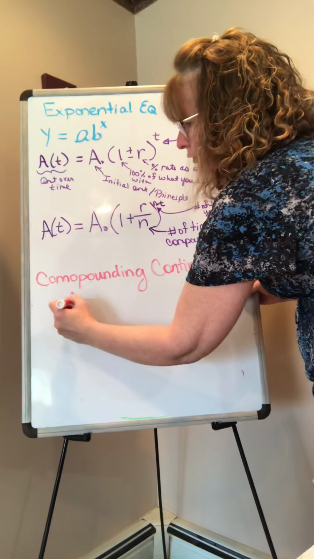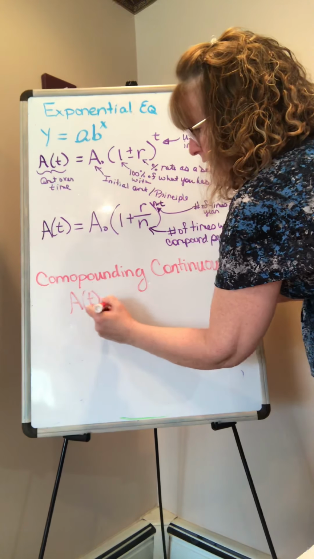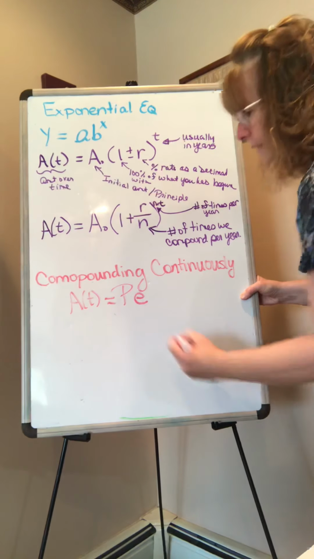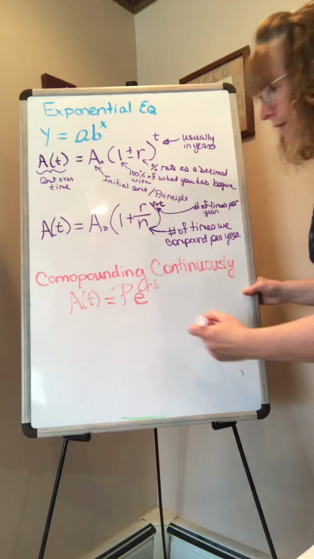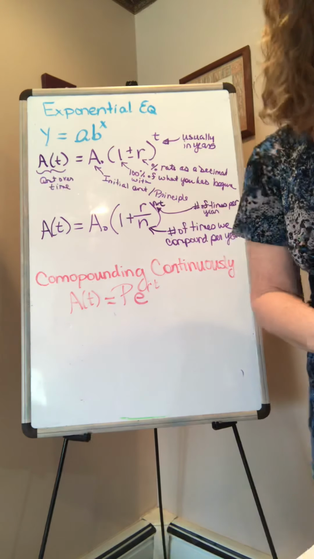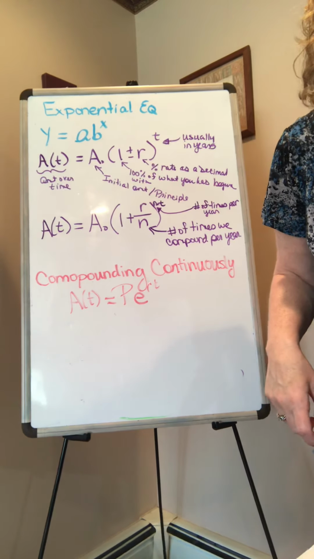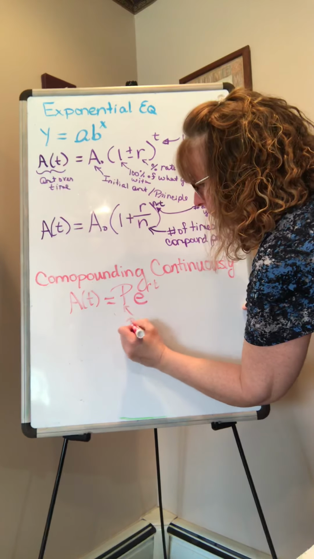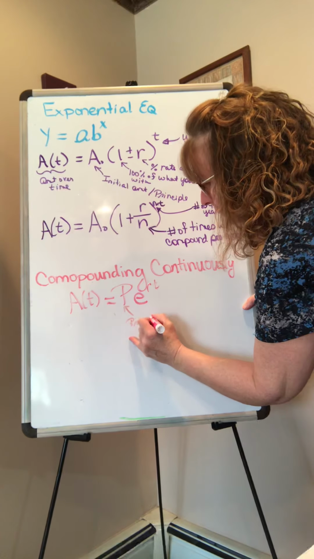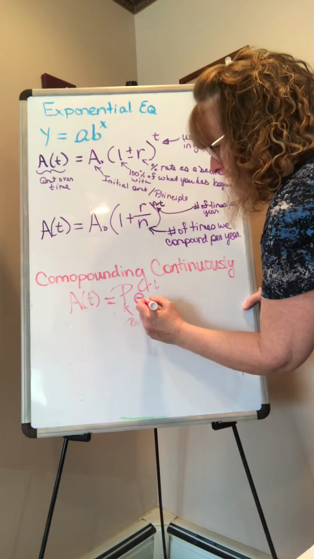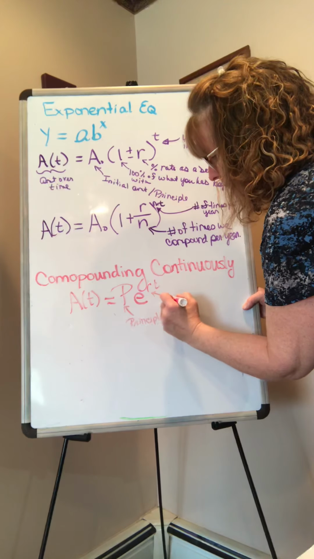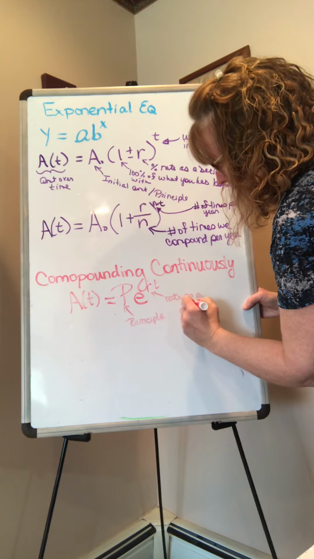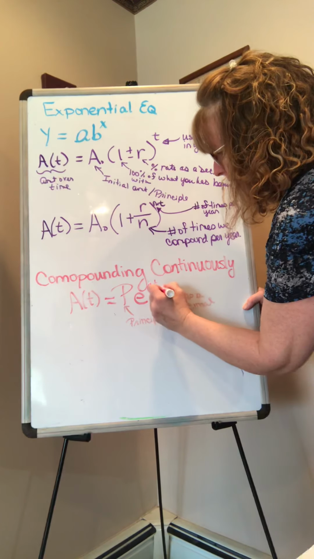This is the amount over time is equal to the principal, Euler's number E, raised up to the RT. So let's get a better marker here. So this is the principal. This is E, this is the rate as a decimal. And again, this is the time.